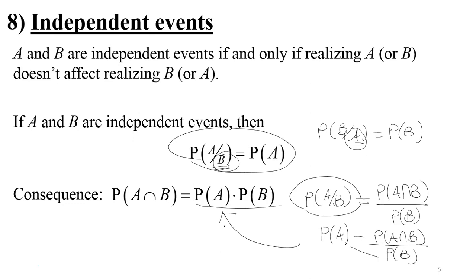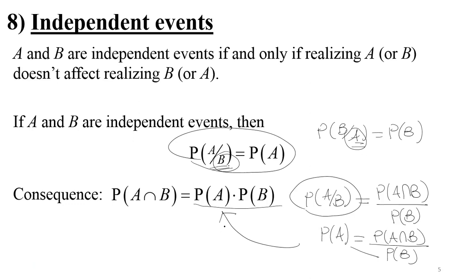Okay, now before we move forward to the examples, it's really important not to confuse two events that are mutually exclusive, or disjoint, with two events that are independent, because this is where most people get confused. It's the difference between mutually exclusive and independent events.